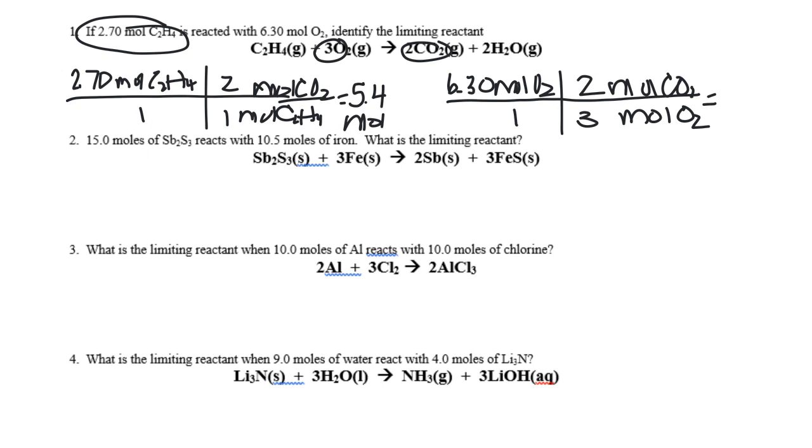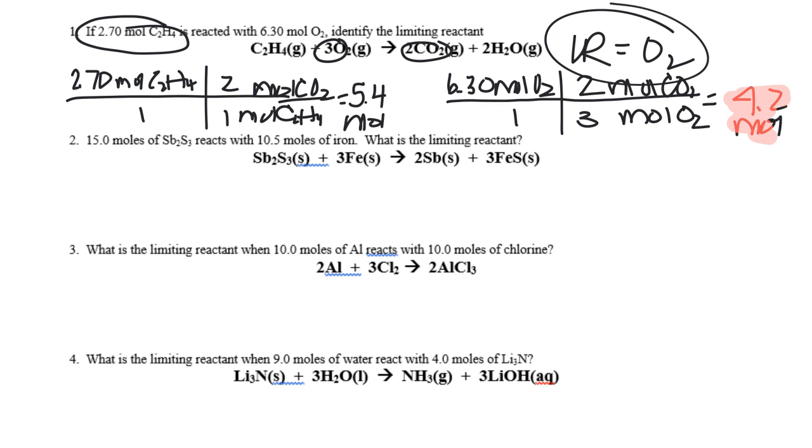So now what I can make is 4.2 moles of CO2. So the one that makes the smaller amount, that's the 4.2 moles. So therefore, my limiting reactant is my oxygen. And then my excess reactant is the C2H4.